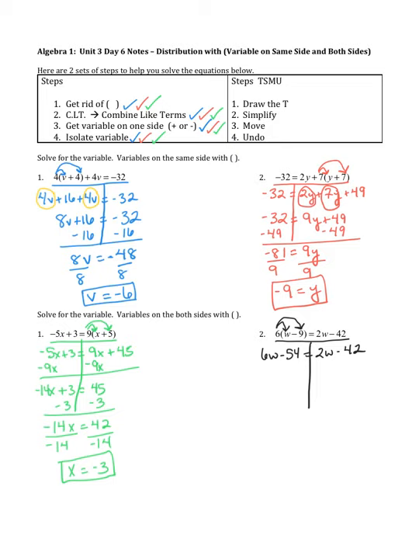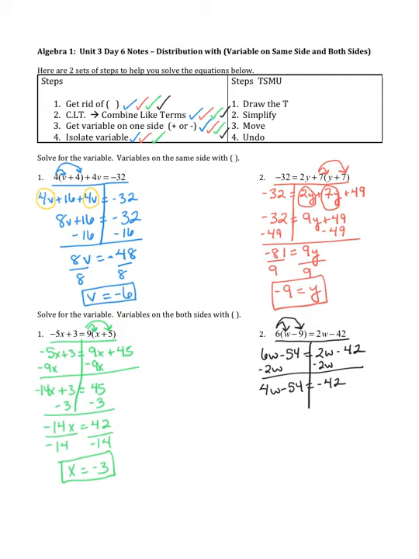All right. Get the variable on one side or the other? Sure. I'll move my 2w. 4w minus 54 equals negative 42. Oh, let me check off my steps. Did the parentheses. There was nothing I had to combine.